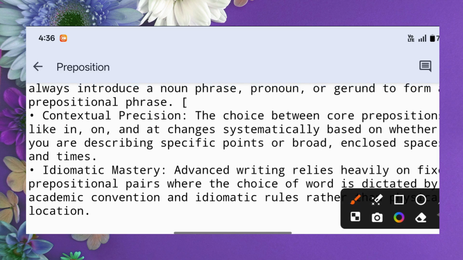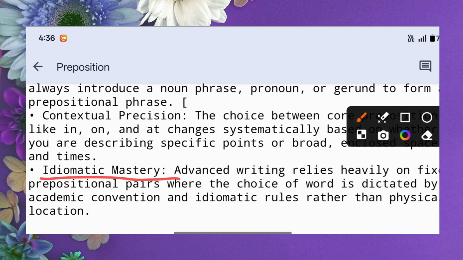Next, idiomatic mastery. Advanced writing relies heavily on fixed prepositional pairs where the choice of word is dictated by academic convention and idiomatic rules rather than physical location.